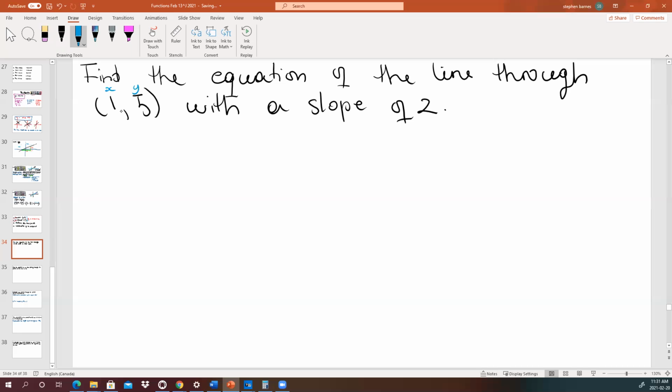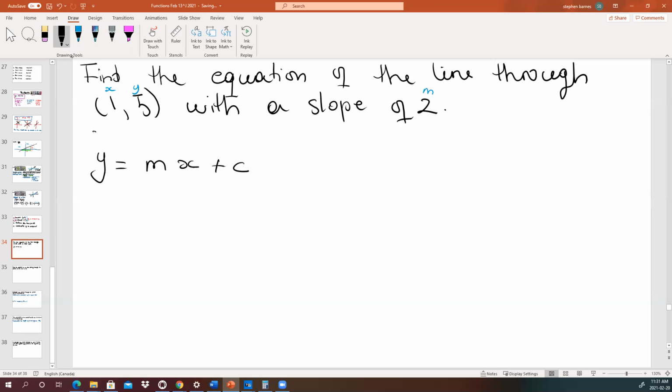So this is how we're going to do it now. They're asking us to find the equation of a line. The only thing we don't have is our c value. We have our x value, we have our y, and 2 is our slope, or slope is our gradient, which is m. So let's just write out the formula. y equals mx plus c. Only thing we don't have is c.